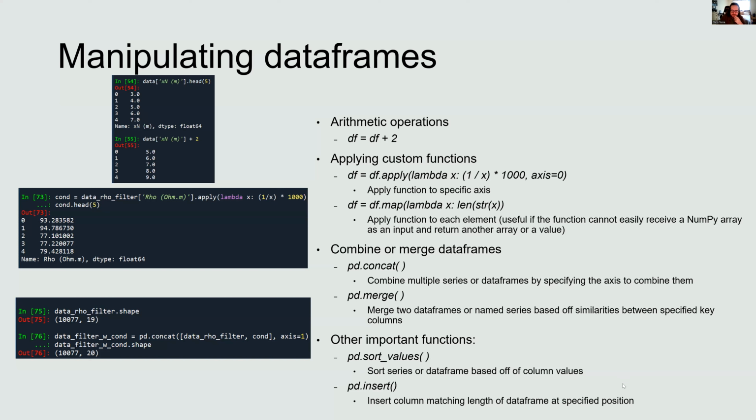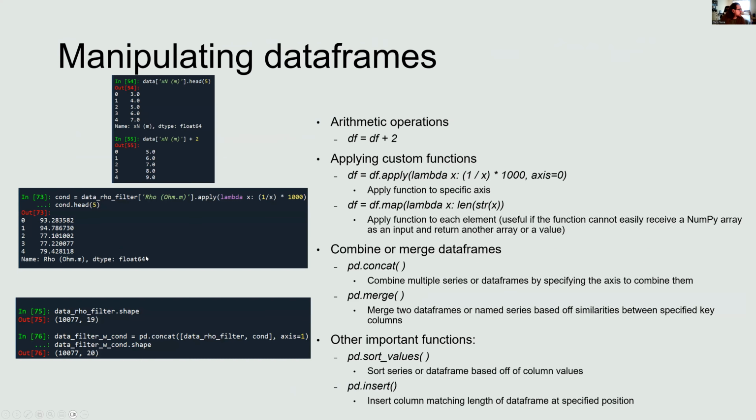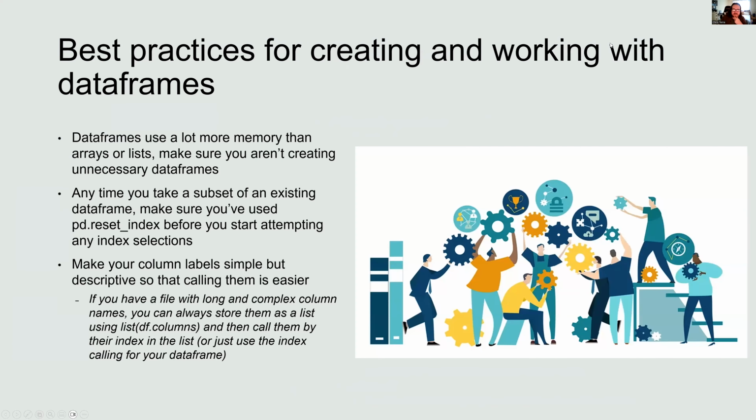I forgot to specify it here, but you can also use the transpose, capital T, to transpose your data frame, so all of your rows become columns and all your columns become rows. Should have specified that because pivot tables are an important thing that are often used with data frame management. So, a couple of best practices.